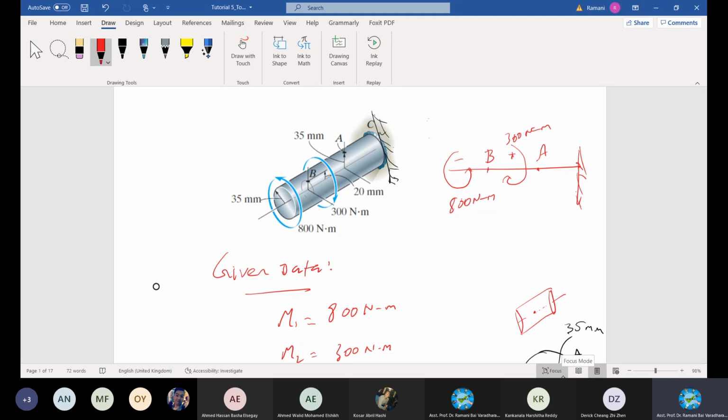Technically speaking, it is not exactly 800 at B, although the location is a bit away from this end, but there is no other moment. It is approximately equal to 800 Newton meter. All this member will be subjected to 800 until nearing A.